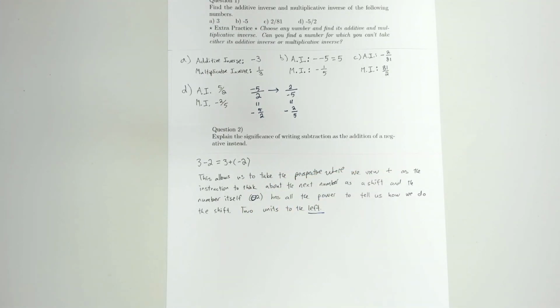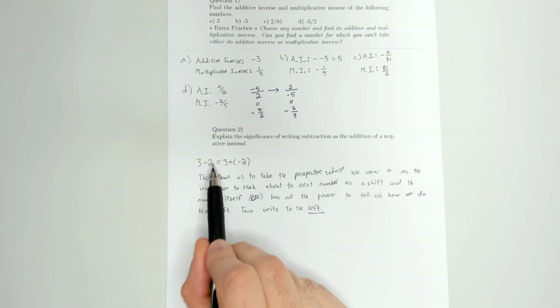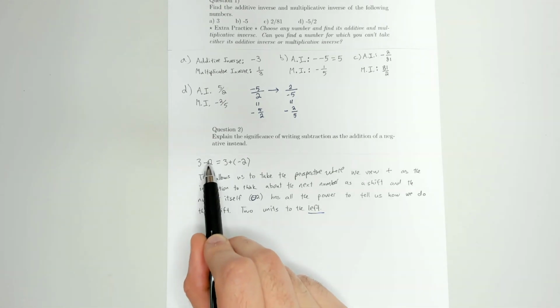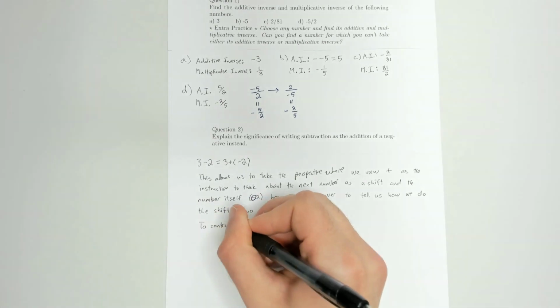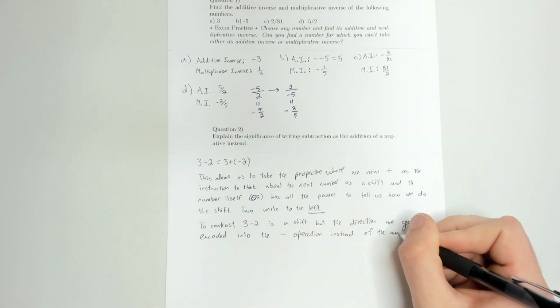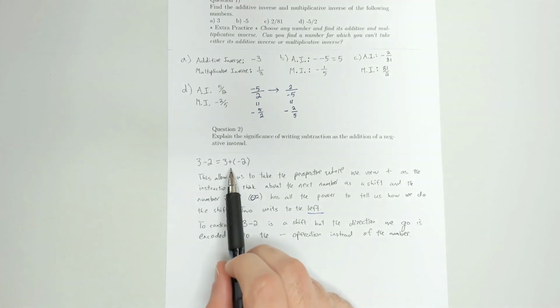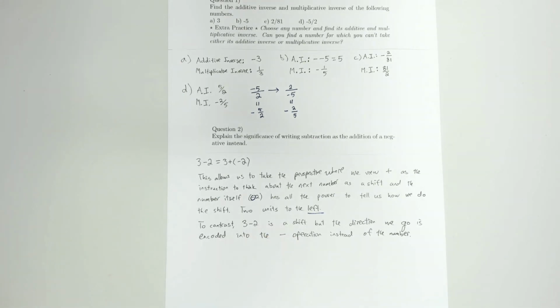To contrast this, 3 minus 2, we still knew it was a shift, but the fact that we were going to the left wasn't encoded in the 2 anymore, it was encoded in the operation of the minus sign. All right, so we saw that this just gave us a different perspective where there's less power on the operation and more power on the number to determine what we're actually doing here.